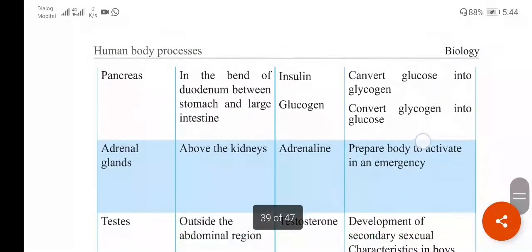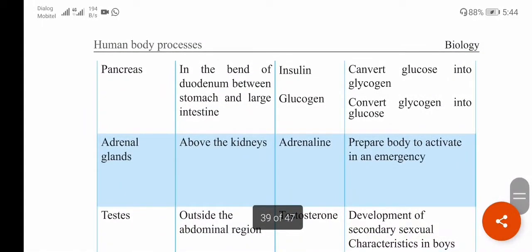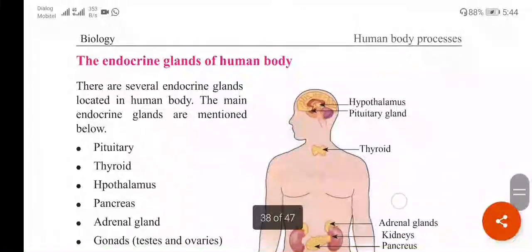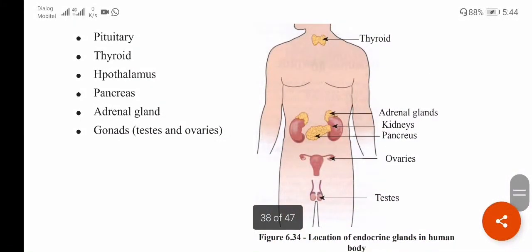Let's check the next gland. Pancreas: see the location here. It is in the bend of the duodenum, between the stomach and the large intestine.